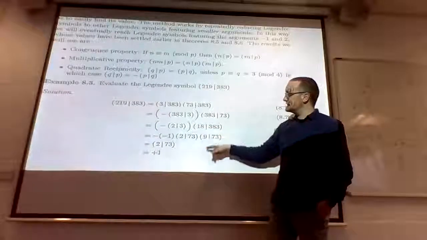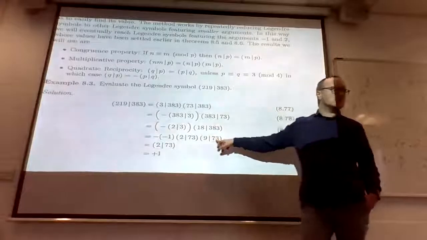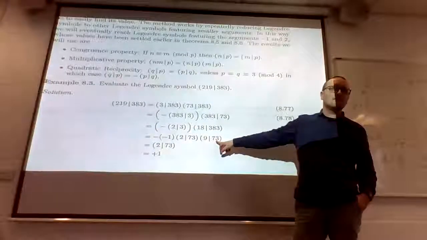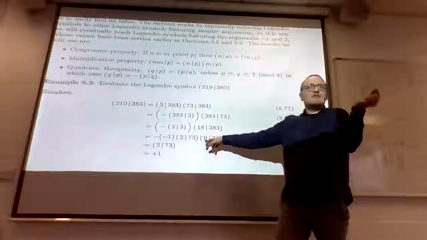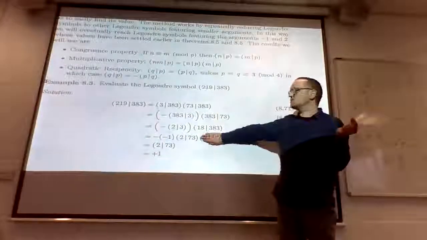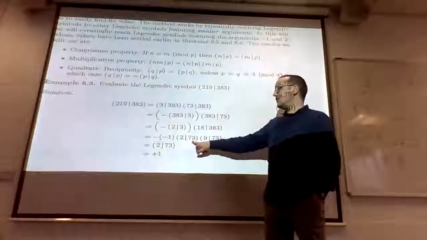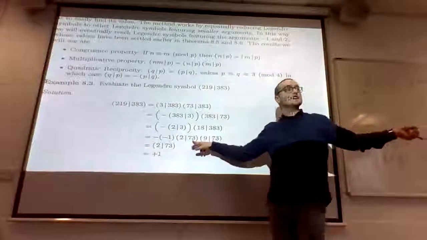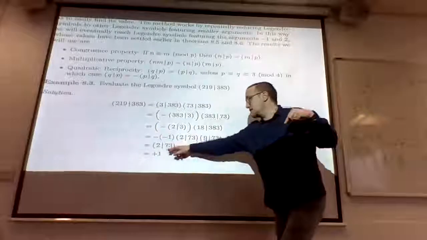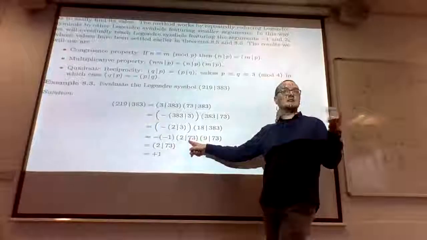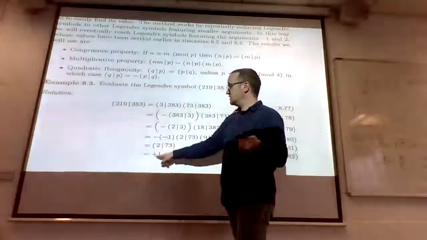So here we factorize 18 as 2 times 9. Well, is 9 a quadratic residue mod 73? The answer is yes, because 9 is a square. Obviously, it's 3 squared. So that's +1, so you can forget about it. Is 2 a residue modulo 73? Well, that's what we proved yesterday. We proved the residue status of 2 mod a prime only depends on the residue of the prime mod 4. And 73 is congruent to 1 mod 4, so 2 over 73 is plus.